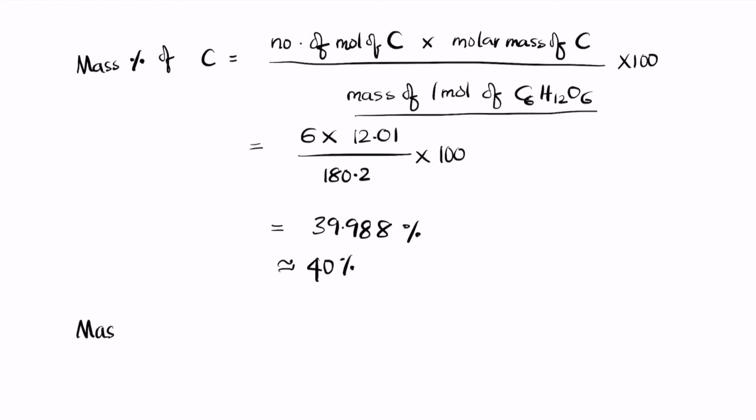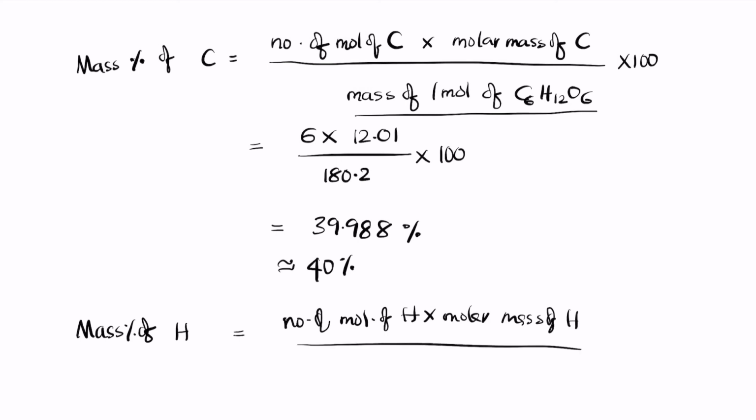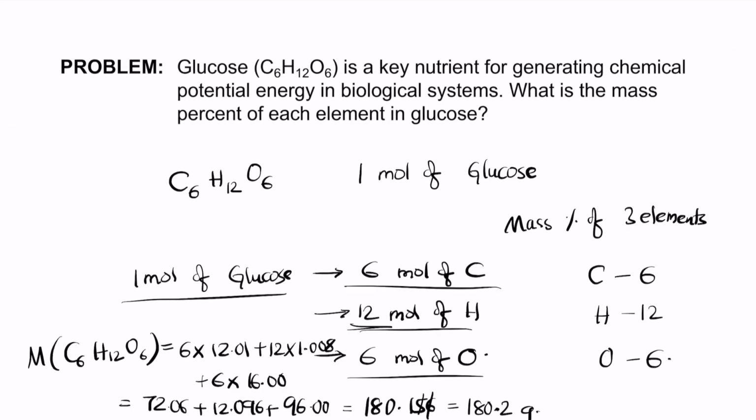Next, we want to find the mass percent of hydrogen. That becomes the number of moles of hydrogen times the molar mass of hydrogen over the mass of 1 mole of glucose times 100. Remember, there are 12 moles of hydrogen.